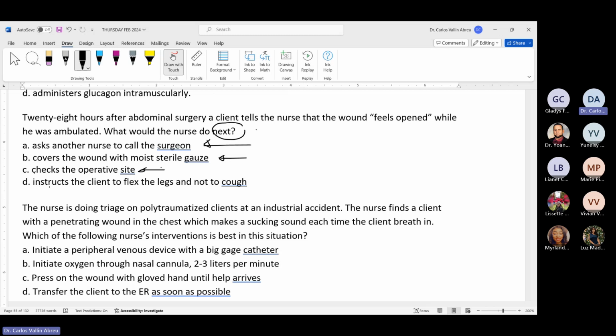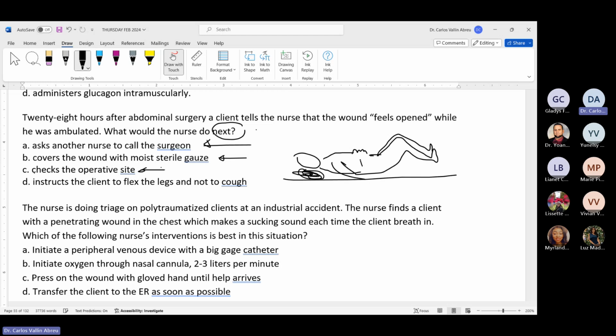And then the last is instruct the client to flex the legs and avoid coughing. You make the patient lay down. You don't elevate the head of the bed. You only put a little pillow there, okay? A small pillow there. And then you ask the client with the dehiscence to slightly flex the lower extremities and to stay quiet, relax there in bed, okay?